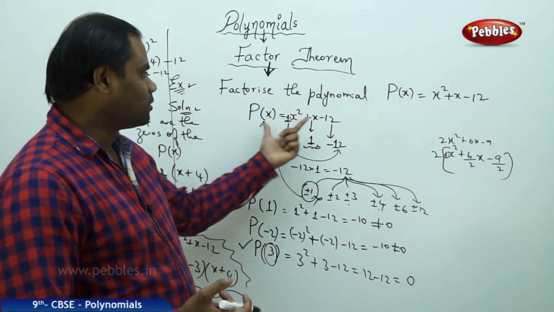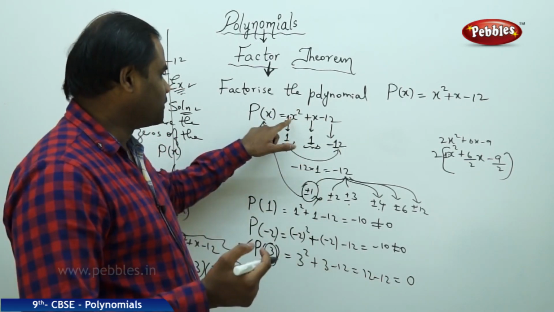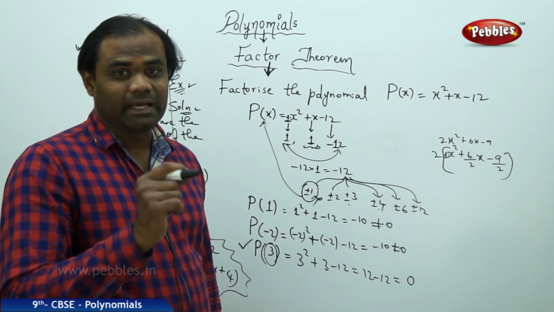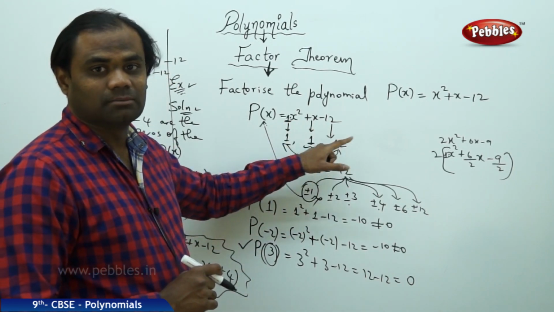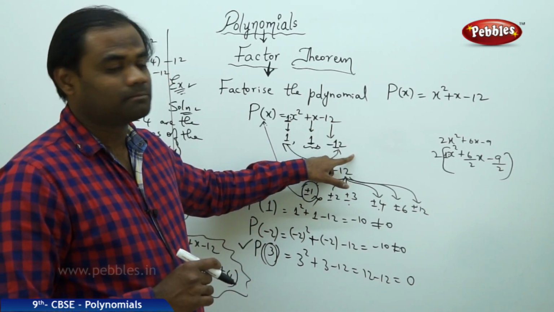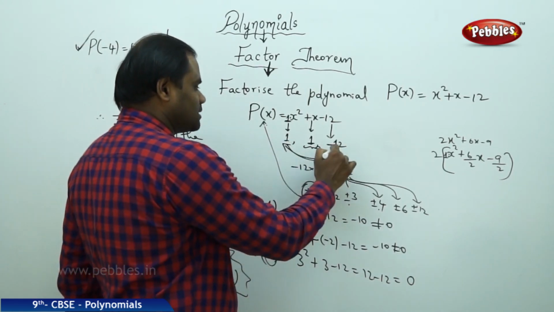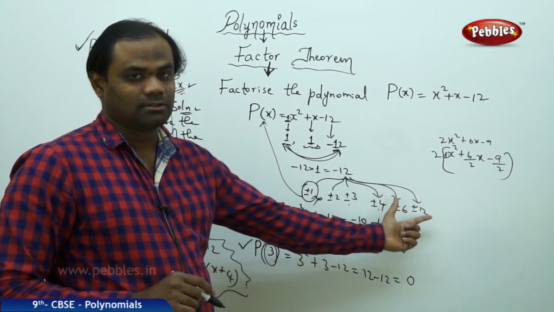So for the given polynomial p of x, I just follow rule 1, that the coefficient of x squared should always be 1. The coefficient of the highest degree term must be 1, and the rest of the terms can be non-1. Pick the coefficients, multiply the first and last, find the possible factors.